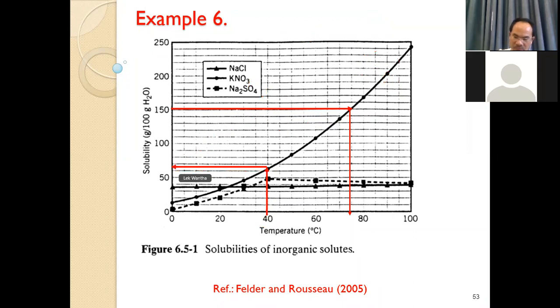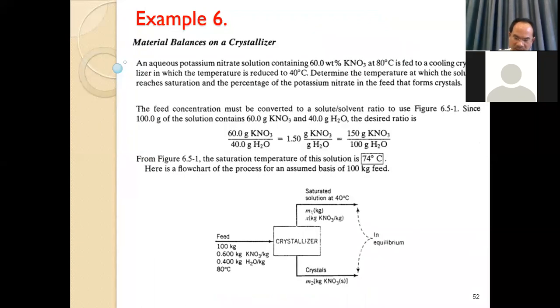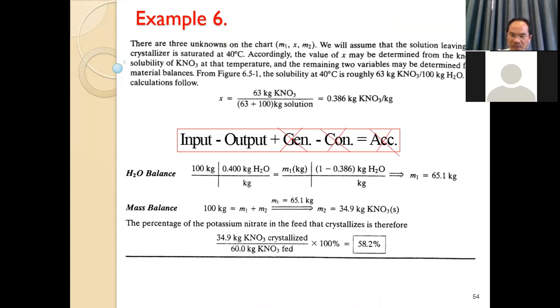Okay, from this point, this is the X. X is the kilogram of potassium nitrate per kilogram of water. Now you know, at this point, 60 grams potassium nitrate per 100 grams water.